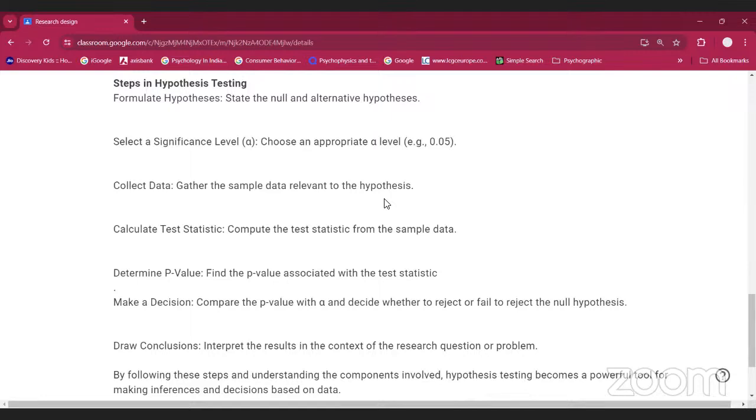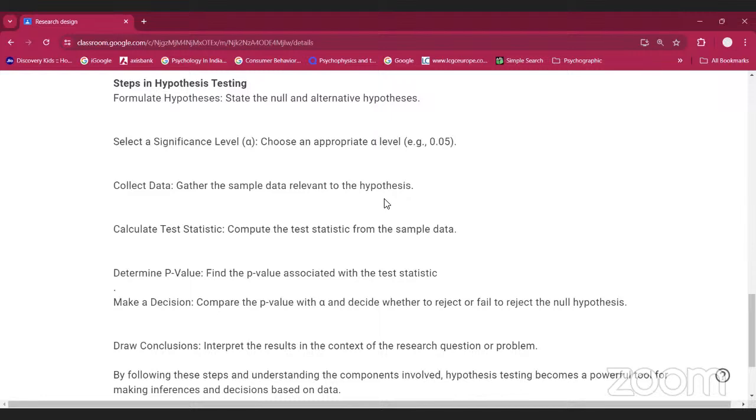Collect data: gather the sample data relevant to the hypothesis. Calculate test statistic: compute the test statistic from the sample data. Determine p-value: find the p-value associated with the test statistic. Make a decision: compare the p-value with alpha and decide whether to reject or fail to reject the null hypothesis.